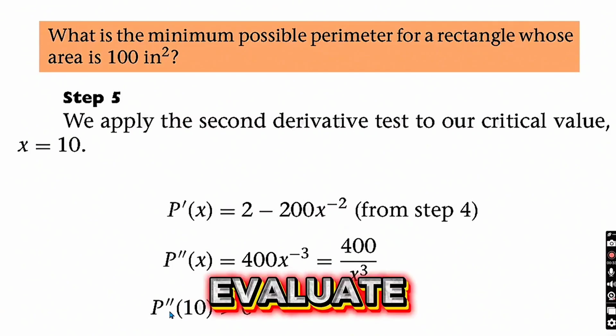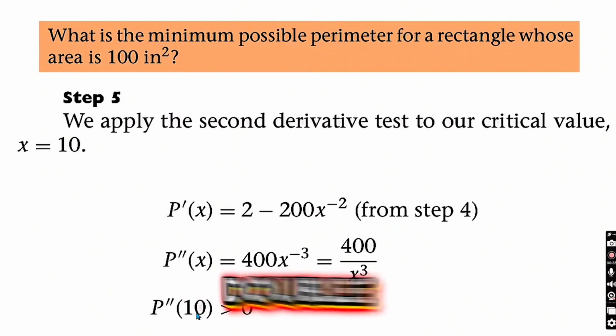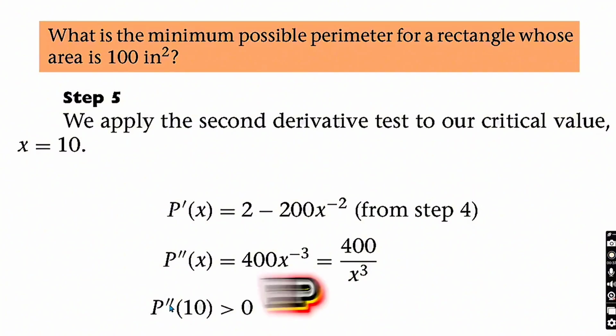If we evaluate P double prime of 10, we know that this is greater than 0, or the answer is a positive value.